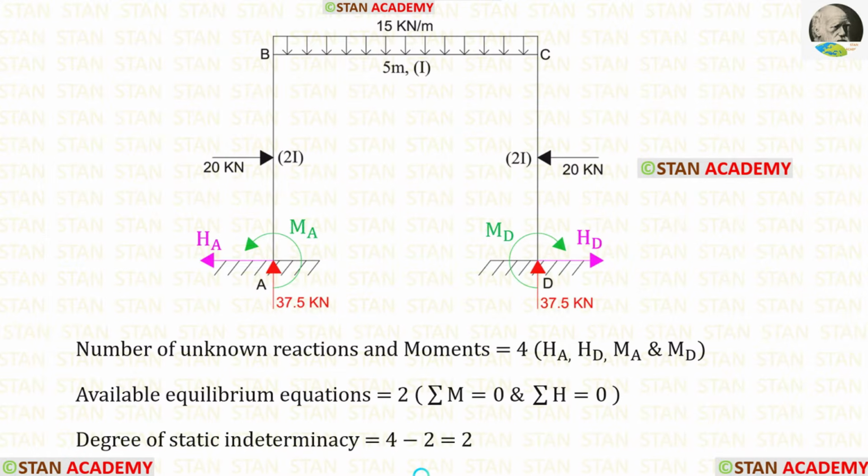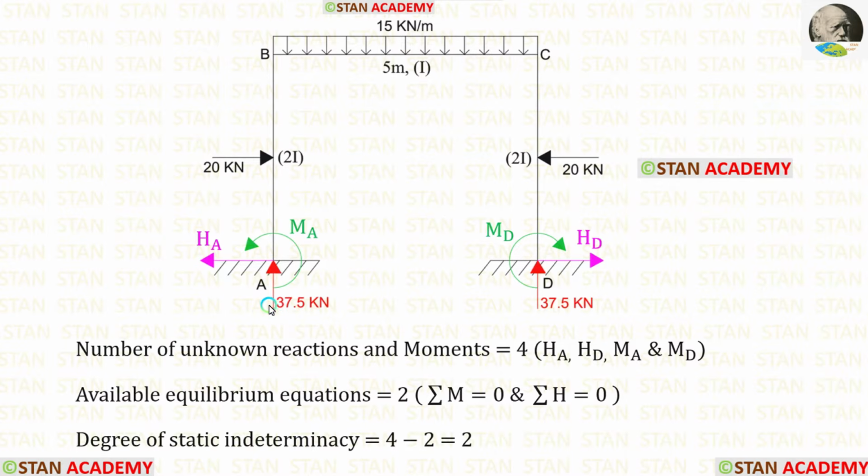Now let us find the degree of static indeterminacy. In this frame, the number of unknown reactions and moments are 4. In the points A and D, we have fixed supports. In the fixed supports, there will be horizontal reaction, vertical reaction, and a moment.